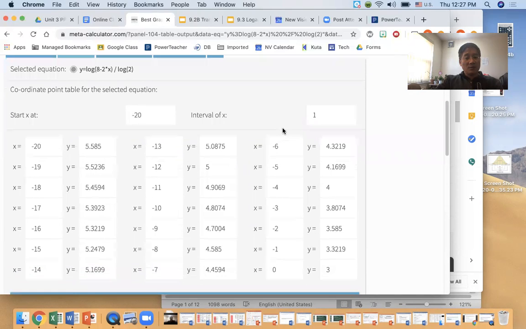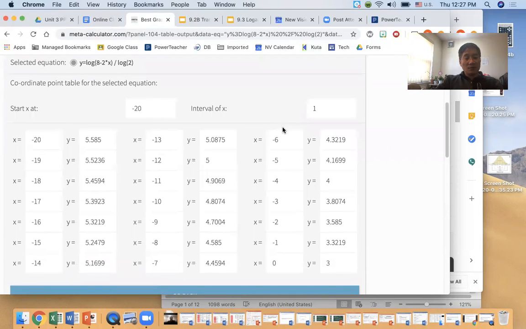Then we figure out which values give integers. So here, x equal to negative 12, y equal to 5. You find only the integer values. So x equal to negative 12, y equal to 5. Next one is x equal to negative 4, y equal to 4. And x equal to 0, y equal to 3.